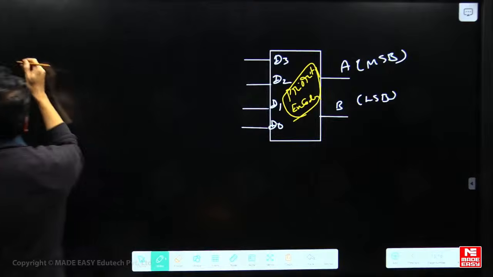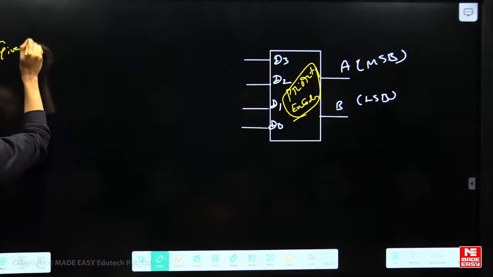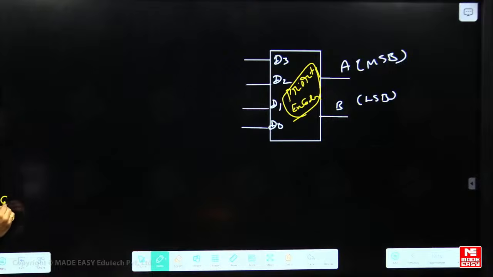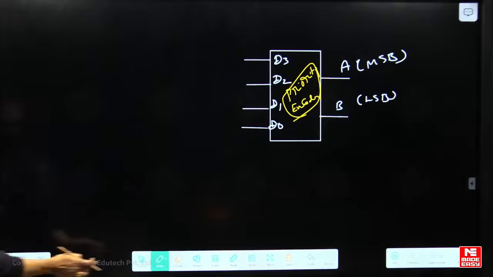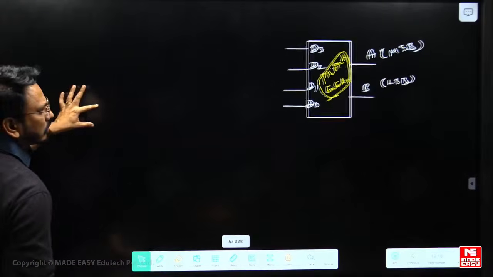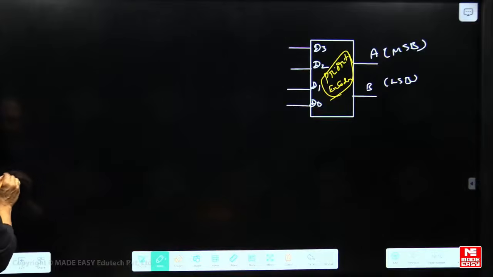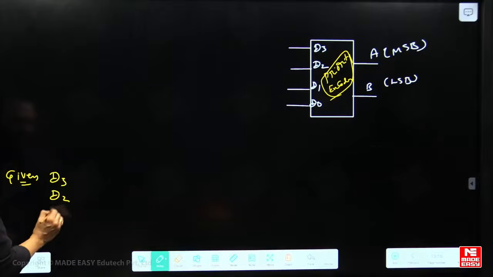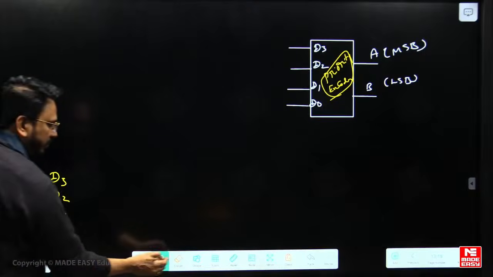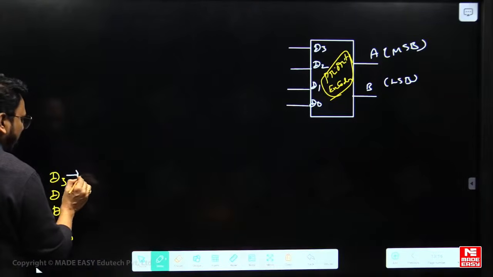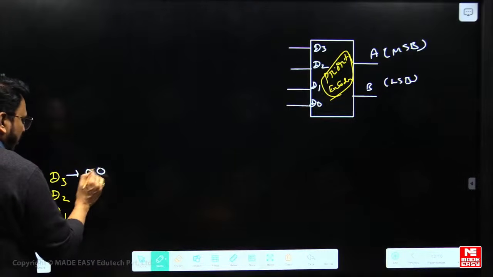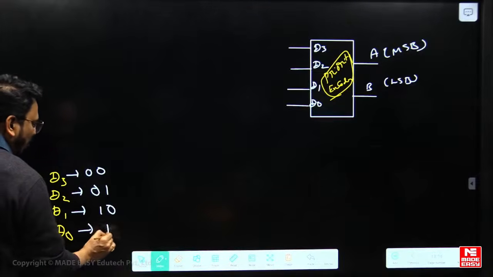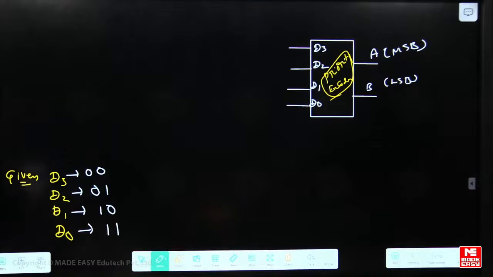And one interesting thing is given in the question: D3, D2, D1, D0 should be 0, 0, 0, 1, 1, 0, 1, 1. It is given in the question in that manner.